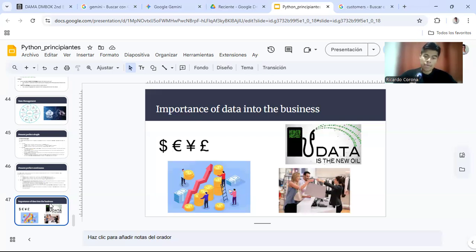because with the data, companies can extract information. And companies have been calling data the new oil since 5 years ago, 3 years ago, something like that, or for a long time.